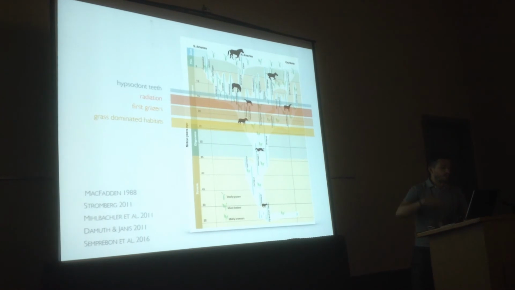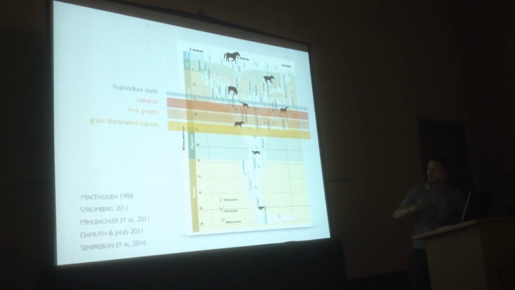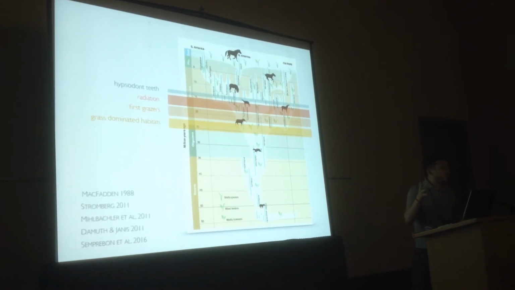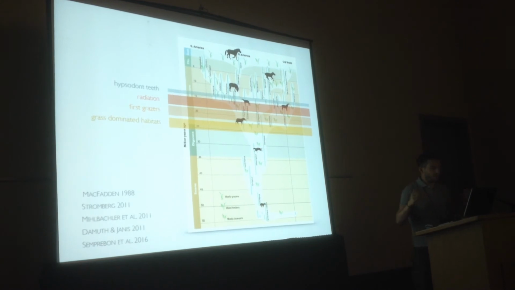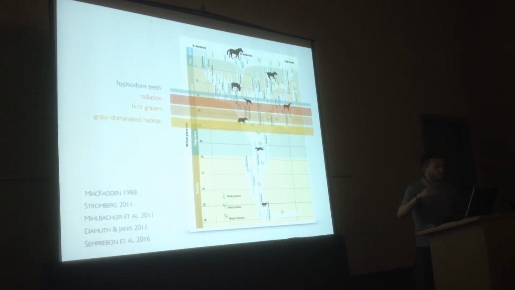So these findings add to findings from other sources challenging the classic view of horse evolution. The classic story was that everybody was browsing, then these guys took advantage of the new grasslands and they just burst.